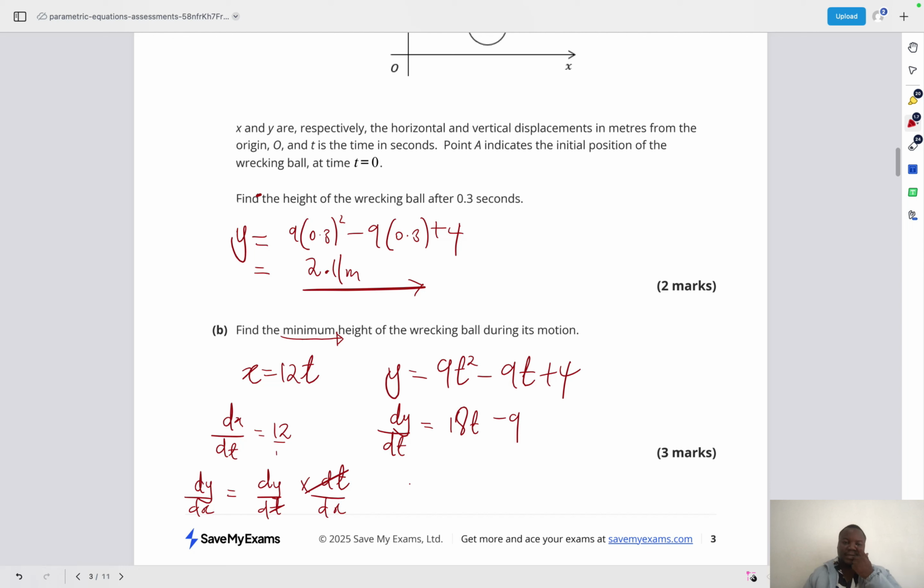So this implies that our dy/dx is simply going to be equal to (18t minus 9) over 1, times 1 over 12, which then gives us dy/dx being equal to (18t minus 9) over 12.